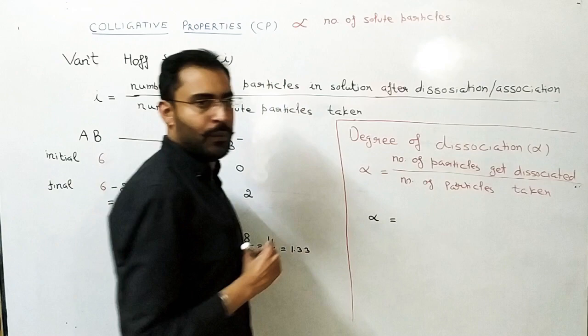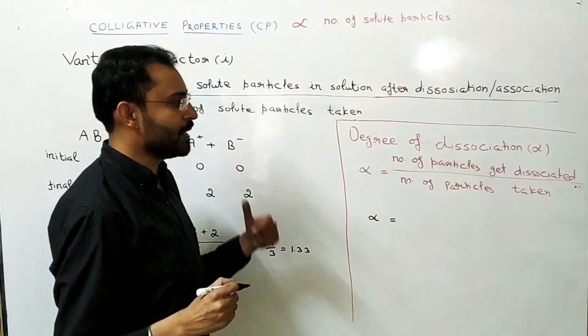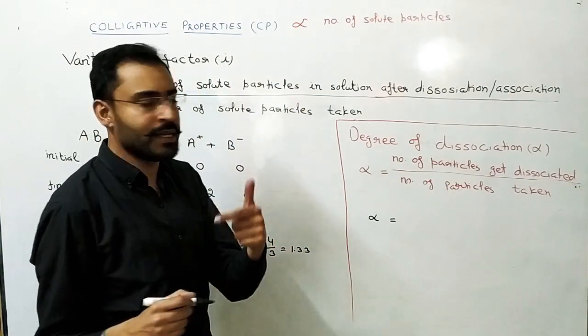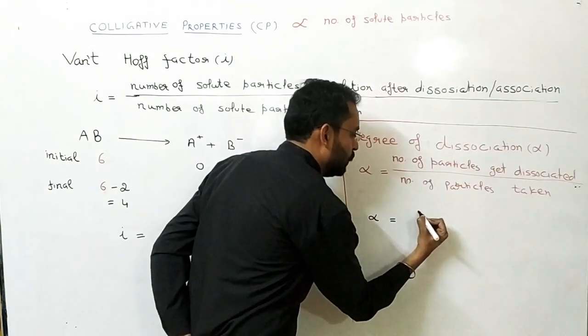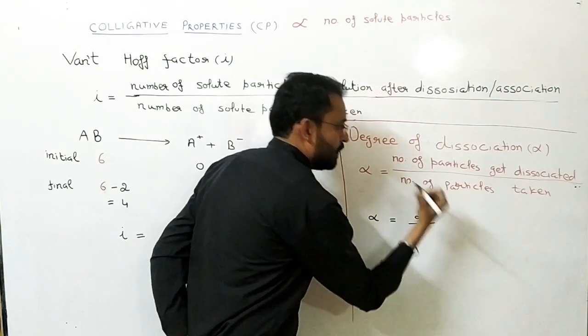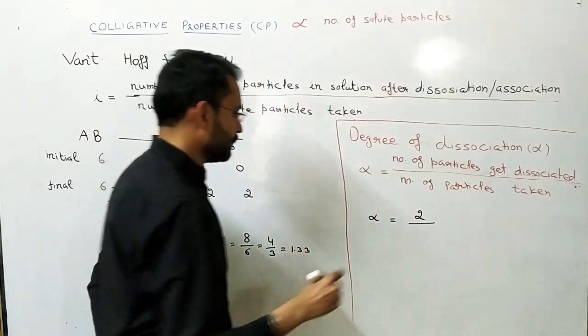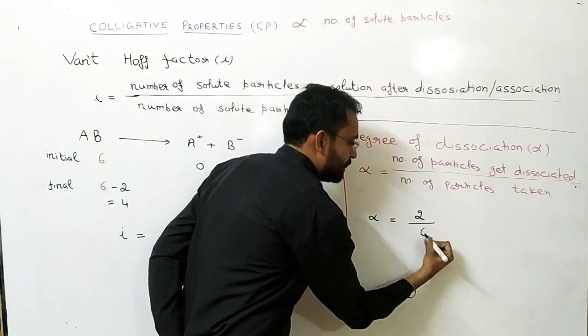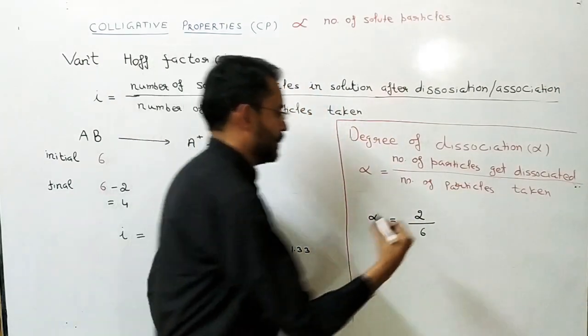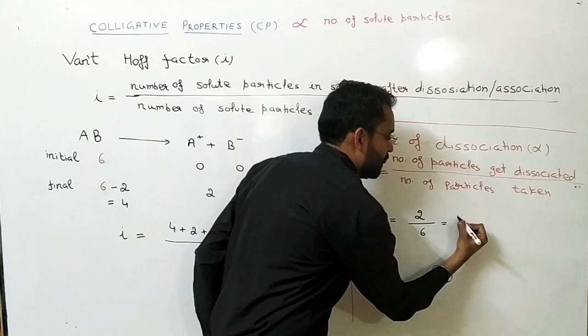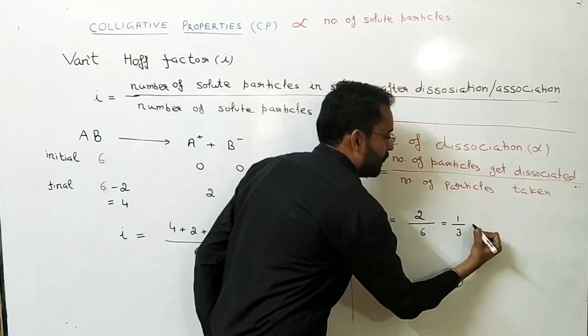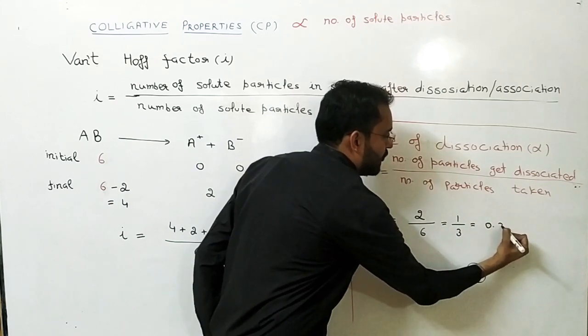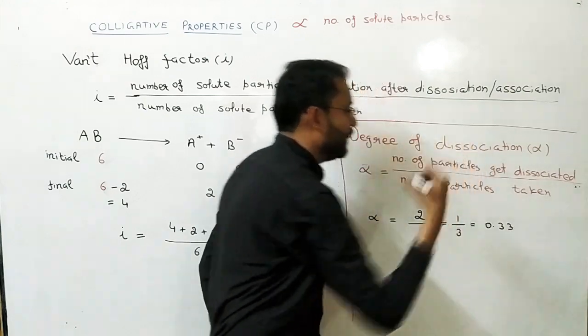Alpha is equal to the number of particles which get dissociated. How many get dissociated? 2. Originally taken, 6. So alpha is 1 upon 3, that is 0.33.